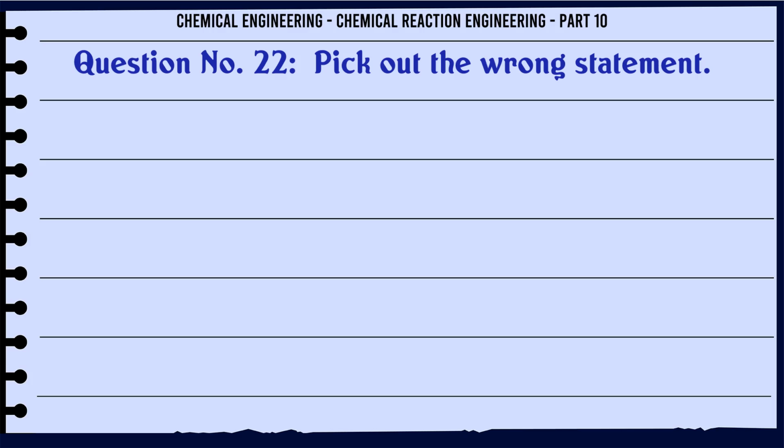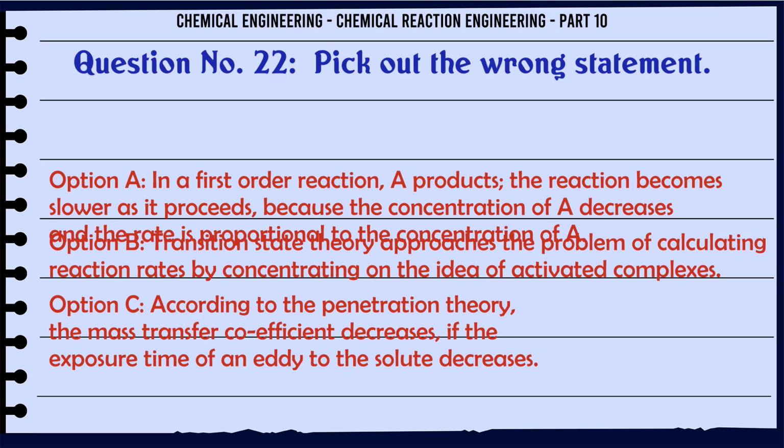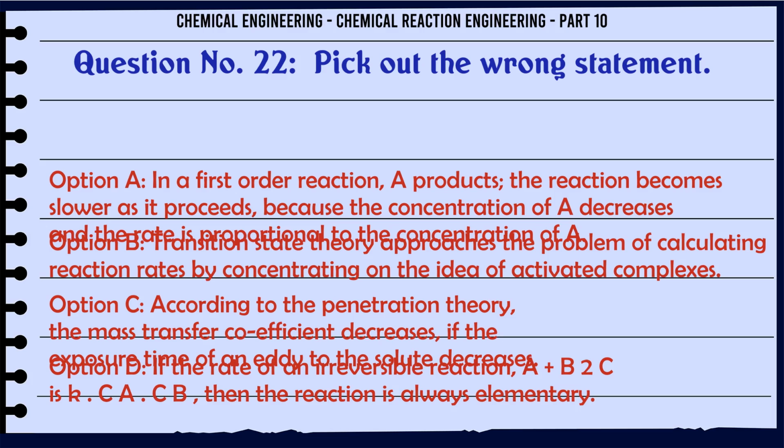Pick out the wrong statement. A. In a first-order reaction A → products, the reaction becomes slower as it proceeds because the concentration of A decreases and the rate is proportional to the concentration of A. B. Transition state theory approaches the problem of calculating reaction rates by concentrating on the idea of activated complexes.